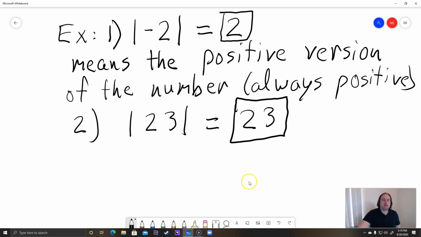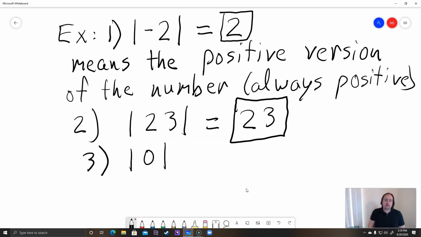All right, so most people find absolute value to be pretty simple when they think of it this way. It's just always going to be positive, regardless of what the original number was. Okay, and then of course, there's special cases. Like if we look at 0, what do you think the absolute value of 0 is going to be? Well, is 0 positive or negative?